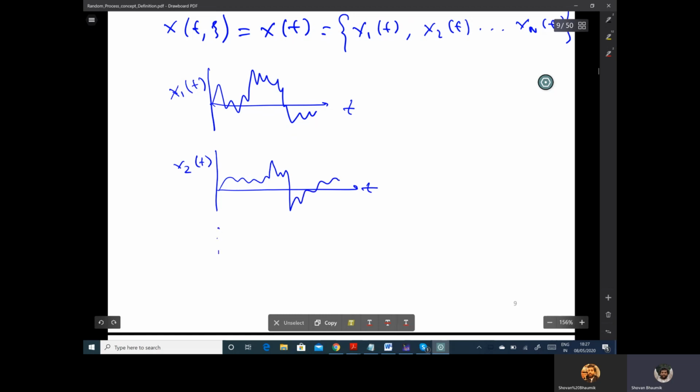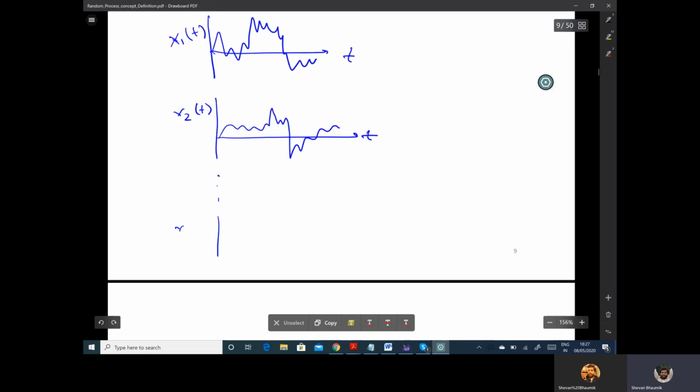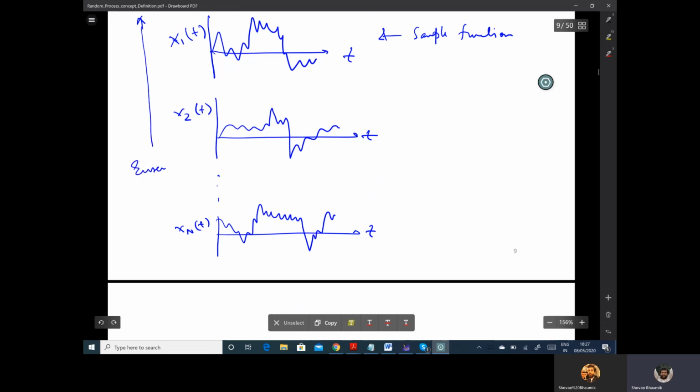Similarly we have xn(t), which could be something like this. We call this a sample function, and this whole collection is our ensemble.